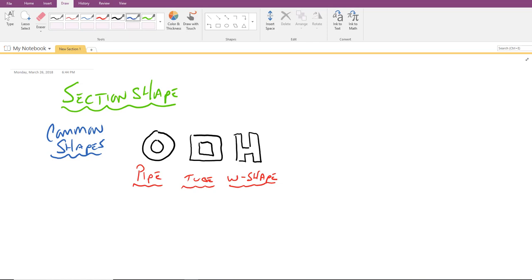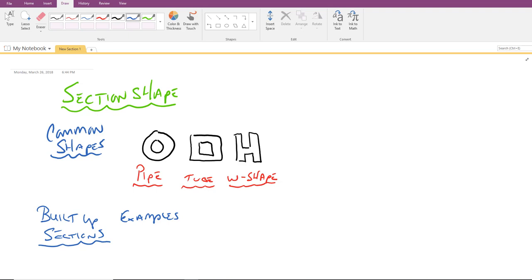Occasionally you'll see built-up sections. Sometimes they'll design steel columns that aren't something that you can go purchase over the counter.